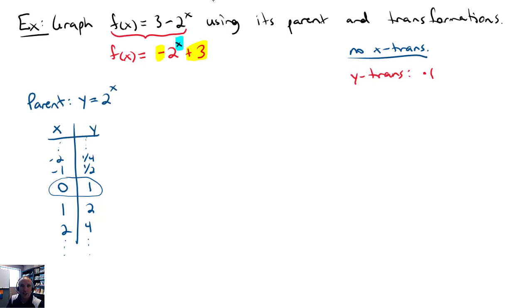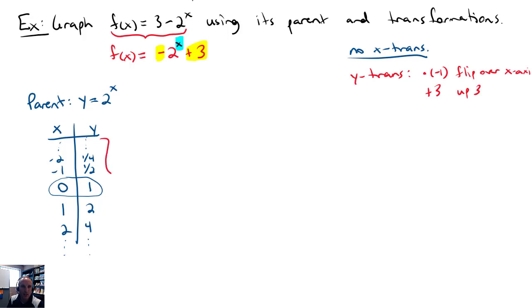So multiplication by -1, that's a reflection over the x-axis if I multiply y by -1. And then the +3 is a shift up 3 units. Well, what I need to do is apply these in this order to my table.